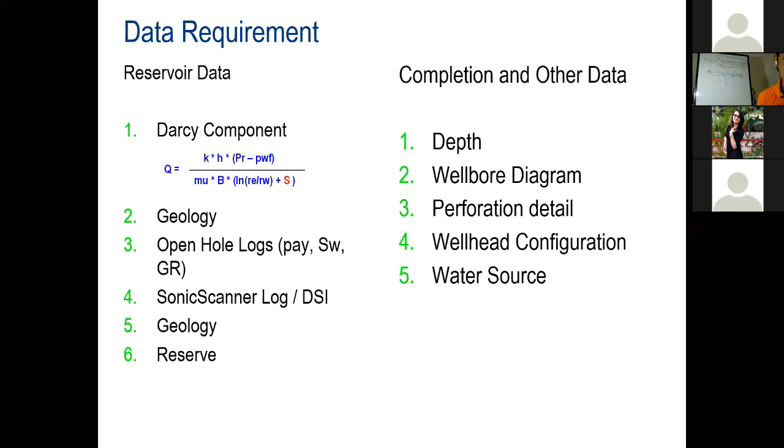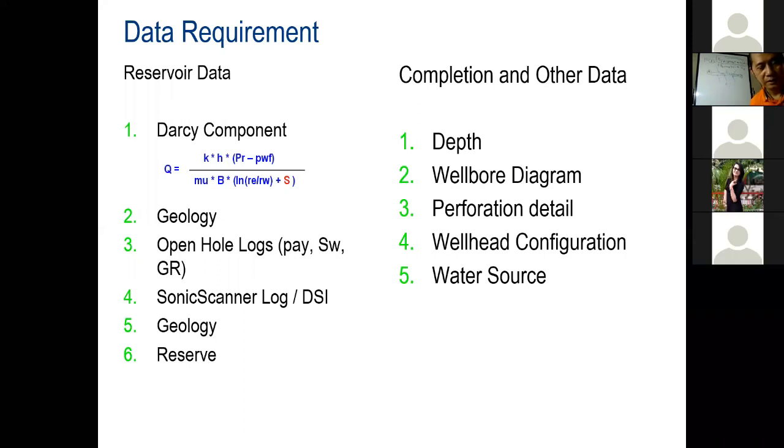Then collect all the logs that you have, open hole logs, and quantify if you have water nearby. If you have enough money, you can also run a sonic scanner and GSI log to understand some of the geomechanical properties like Young's modulus or even stress. You can develop the stress profile for your frac job, right?